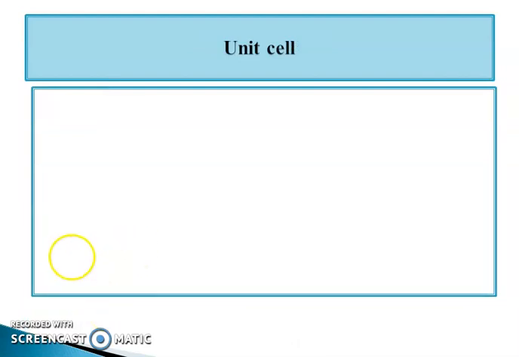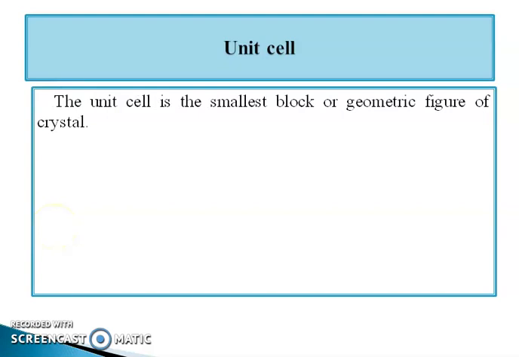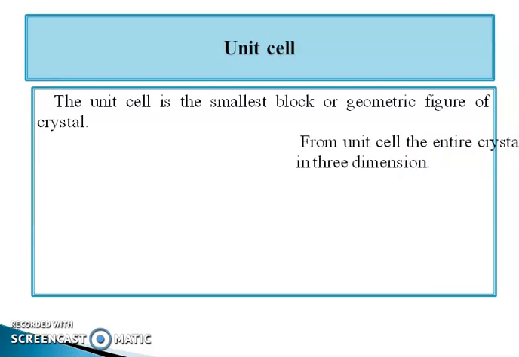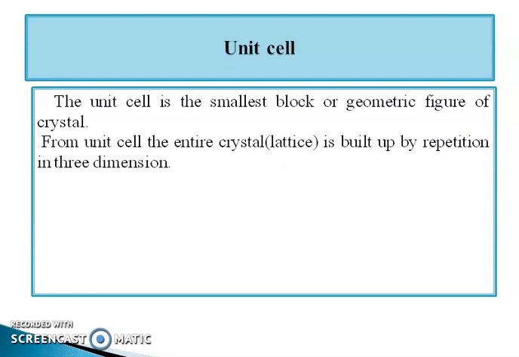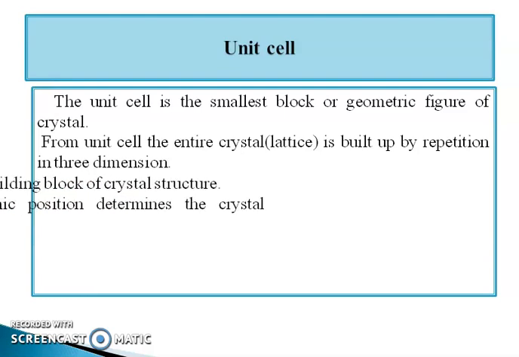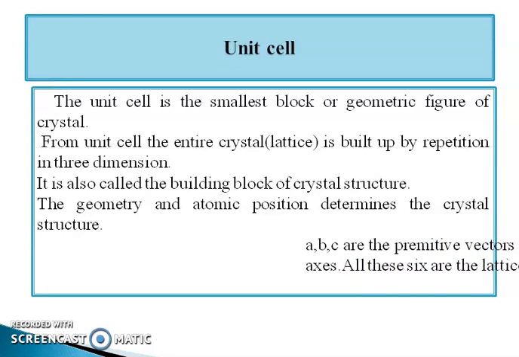Next is unit cell. It is the smallest block or geometric figure of a crystal. With the help of unit cell, the entire crystal is built up by repeating it in all the three dimensions. It is also called the building block of crystal structure. The geometry and atomic position determines the crystal structure.